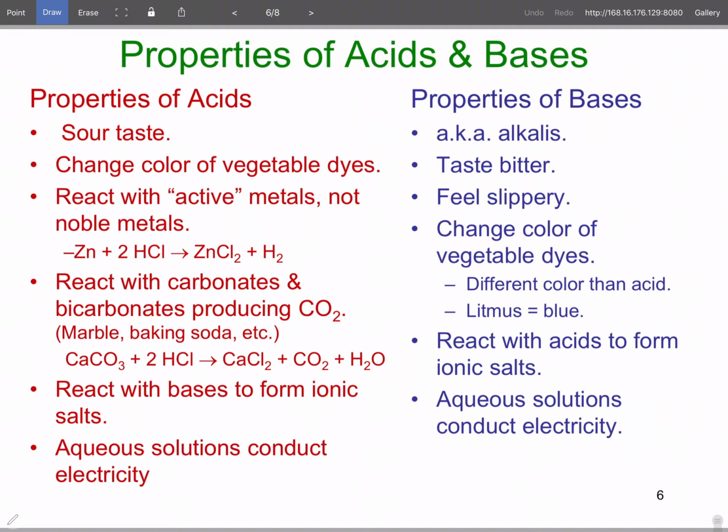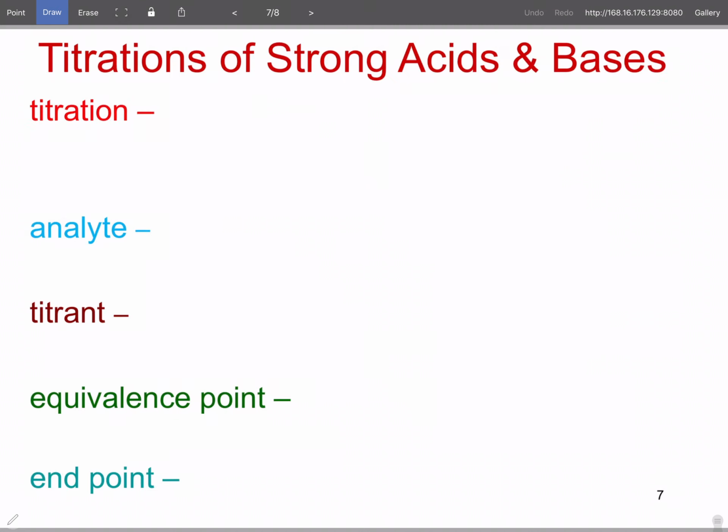Those tend to not be. Bottom line is, I want you to read through these, and you may have a multiple choice question, identify, if it's bitter, is it an acid or base, something ridiculous like that. Bottom line is that acids and bases are one of the most common things you encounter. So it's a good idea to know a little bit about them.